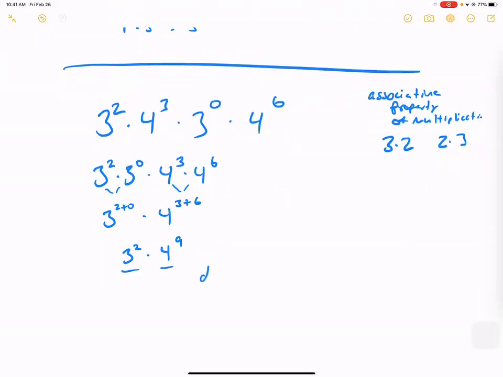No, we are done. We can only combine them if they have the same base and they're multiplying. So if you see a big wild mess like this, we could rewrite it so that our similar terms are next to each other, and then we can combine our exponents through this rule of product of powers. Okay, that's it.